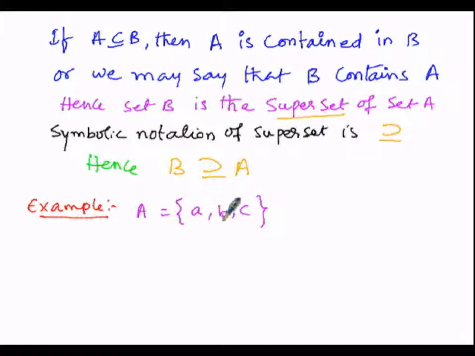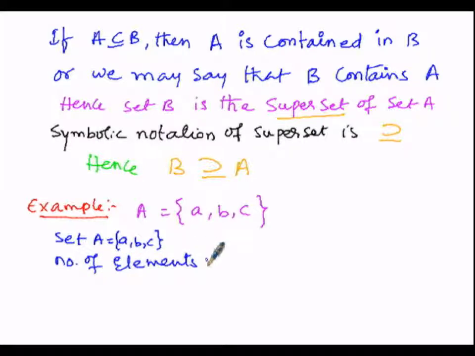Small a, small b, small c are the three elements of set A. Now let us write all the subsets of this set A. Set A is {a, b, c}. Now the number of elements present in set A: we can count them, there are 3 elements, therefore the number of elements present in set A is 3.